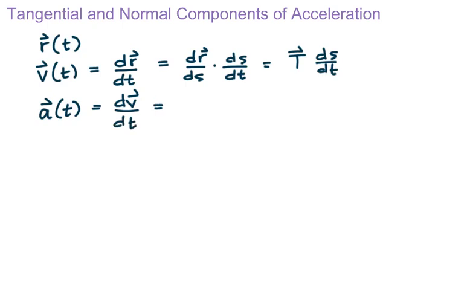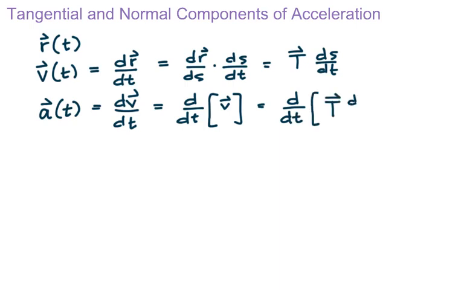Or we could say, since velocity is equal to T ds/dt, this is the derivative with respect to t of my tangent unit vector times ds/dt.